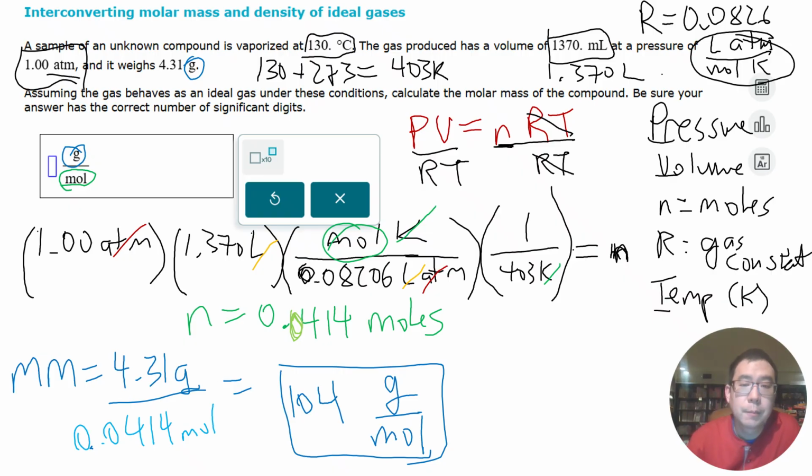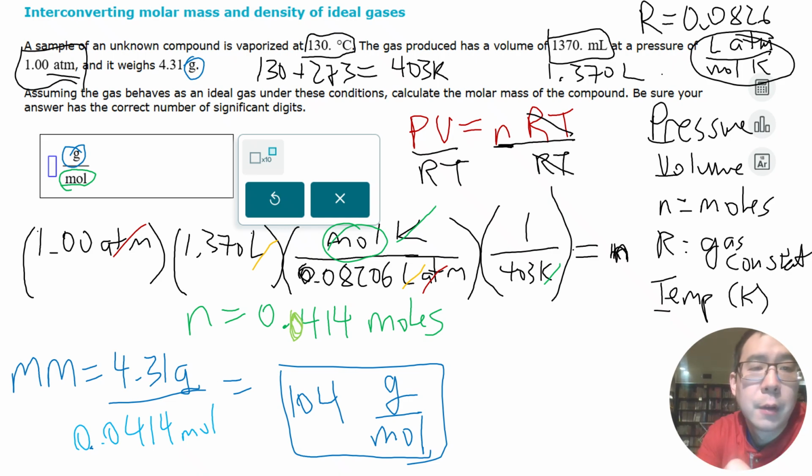Okay, so that's PV equals nRT with a little extension on top of it, which allows us to get the molar mass of a gas. Once you know the molar mass of a gas, then it narrows down quite a bit what that gas could be. So we have a whole bunch of things, right?